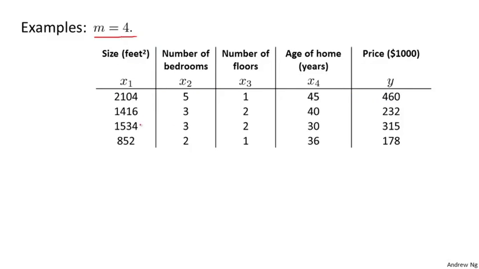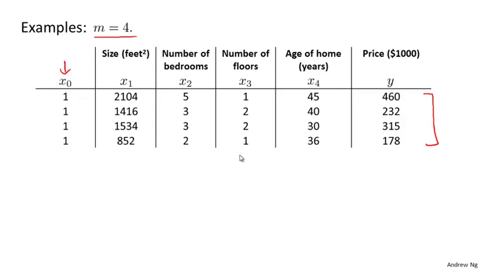I'm going to take my data set. So here are my 4 training examples. In this case, let's assume that these 4 examples are all the data I have. What I'm going to do is take my data set and add an extra column that corresponds to my extra feature x0 that always takes on the value of 1.